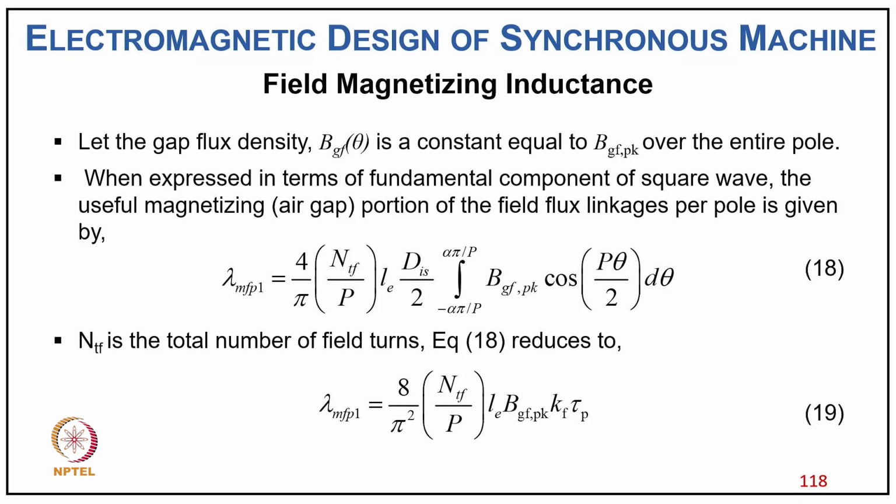So ntf is the total number of field turns, and this equation reduces to lambda mf p1 equal to 8 upon pi square ntf by p into le tau p bgf peak kf.